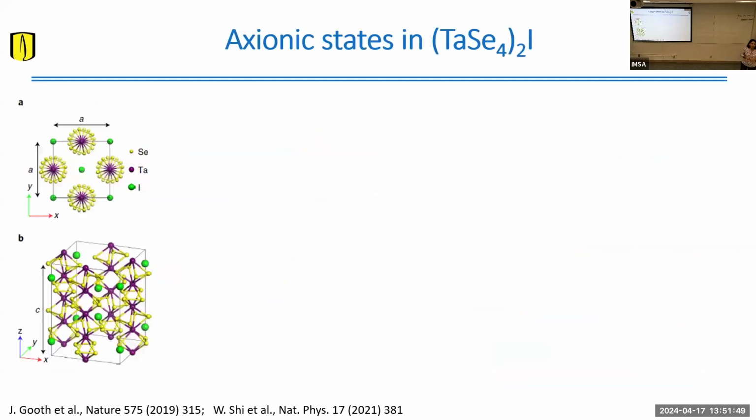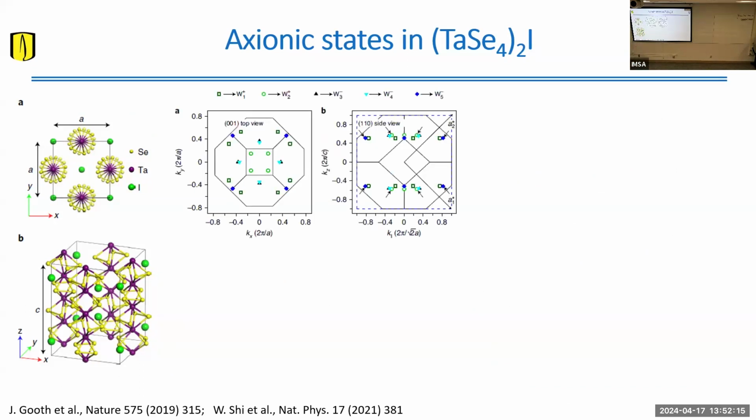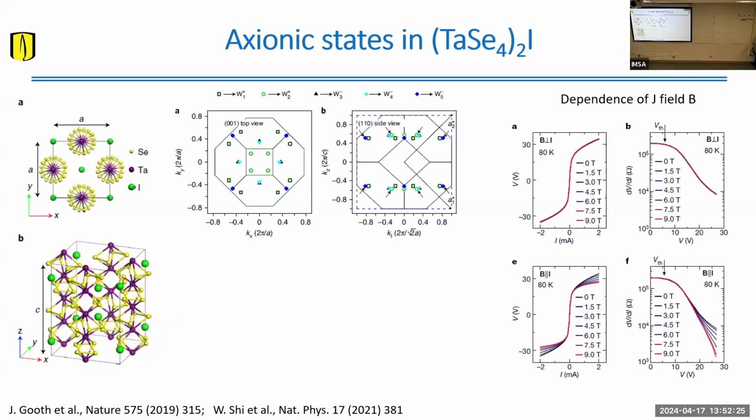All right. So has this been realized? It turns out that there are a couple of experimental claims in this system, which is very close to the one I will show you today, which is tantalum selenium four two iodine. So this is a work by the group of Claudia Felser, and this material is also a quasi-one-dimensional material in which some ARPES measurement plus DFT calculation have shown a series of Weyl points all across the first Brillouin zone in the system.